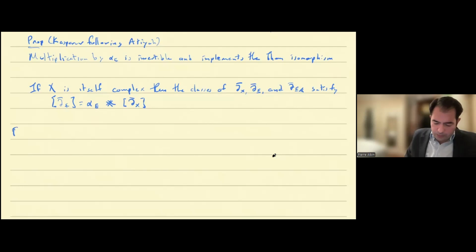Okay, another example. Poincare duality. So Atiyah, in his initial paper where he studies K-homology, studied it using the Spanier-Whitehead dual.